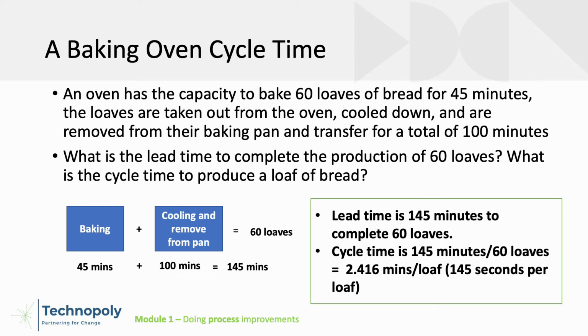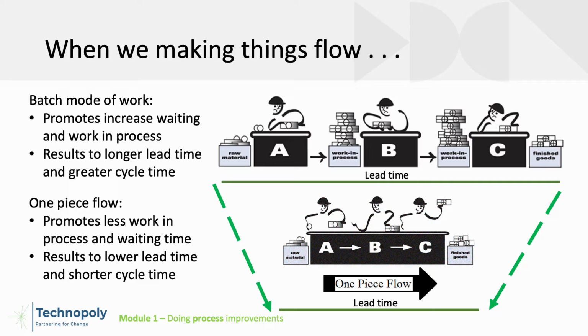The cycle time is 145 minutes divided by the 60 loaves of bread, which is the time it takes to produce the 60, which gives you a total of 145 seconds per loaf of bread. So in essence, if I were to stand at the end of the line, looking at the loaves that have been cooled down, we can estimate that every 145 seconds, a loaf will be done.